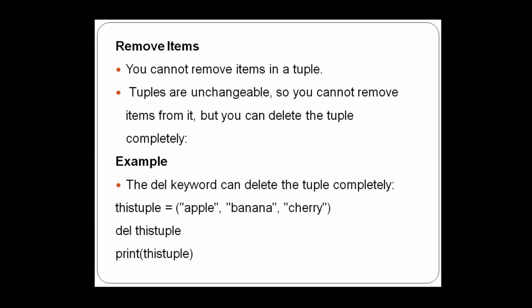So what happens here? The first is a tuple and the second is a string. So even though you have only one element, it should be followed by a comma.